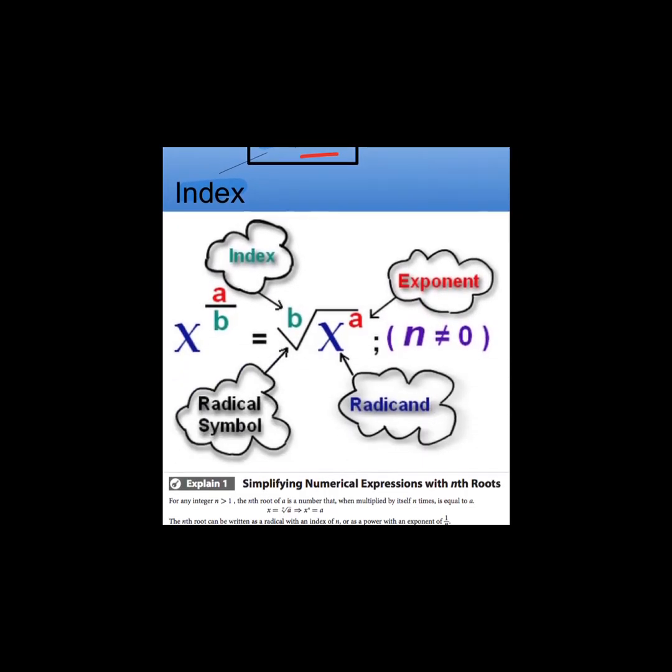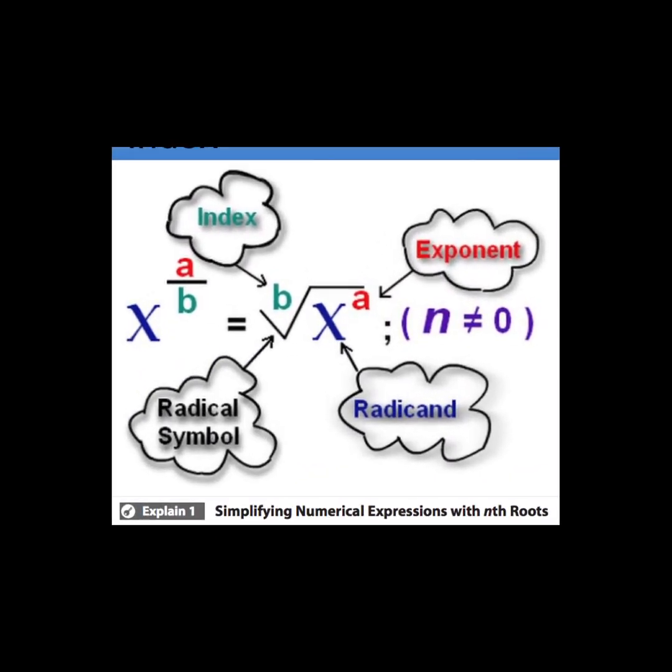And here's another format. You will be rewriting it. This is the radical form that we were looking at earlier. So we have the index, and then we have the radicand, and then the exponent. So if we were to write this in exponent form, this is the exponent form. The exponent would stay on top, and then the index would be on the bottom.